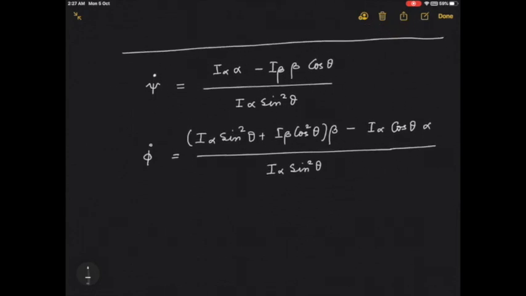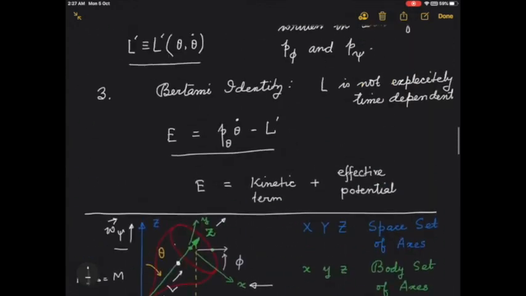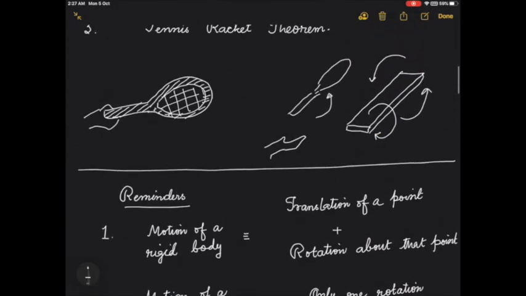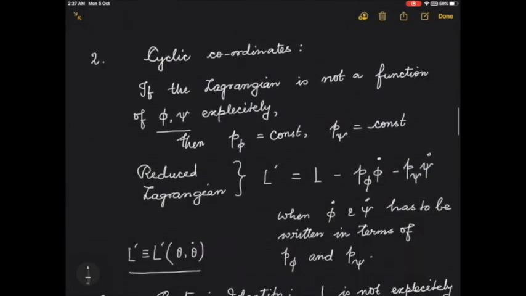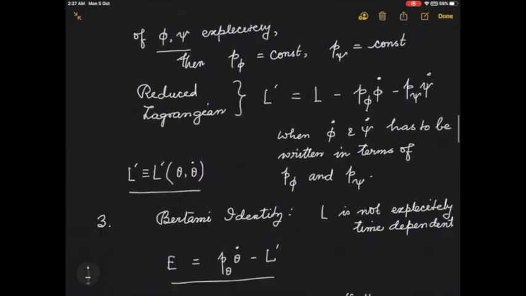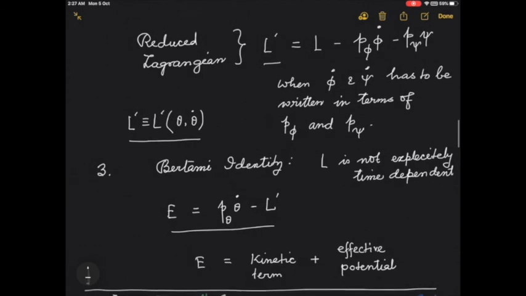Now let me remind you something. Remember that when we looked over the reminders, I can now define an effective or reduced Lagrangian, which is L minus P phi phi dot and P psi psi dot, with phi dot and psi dot written in terms of P phi and P psi. So let us try to do that.